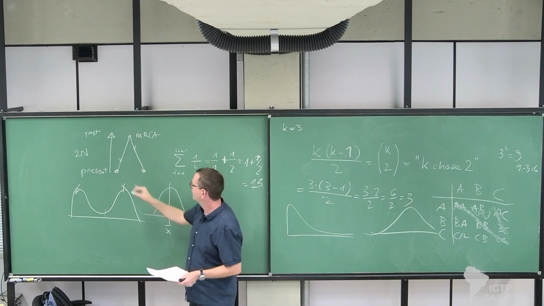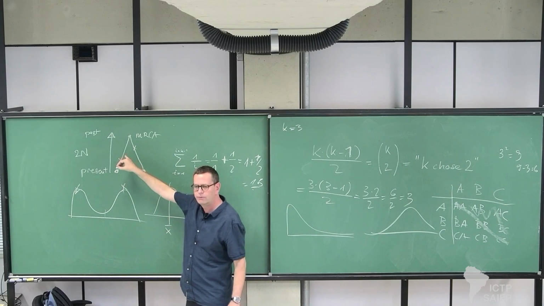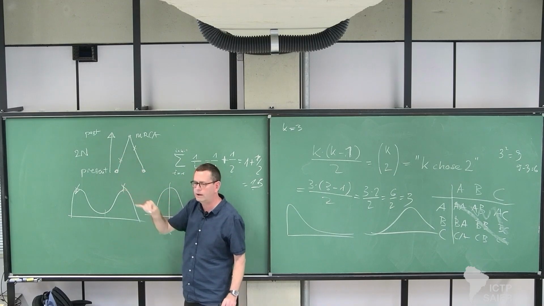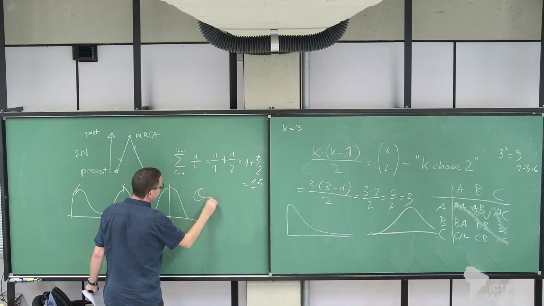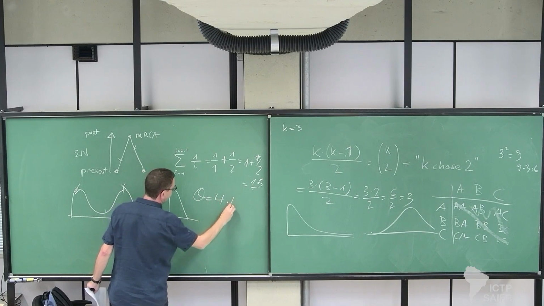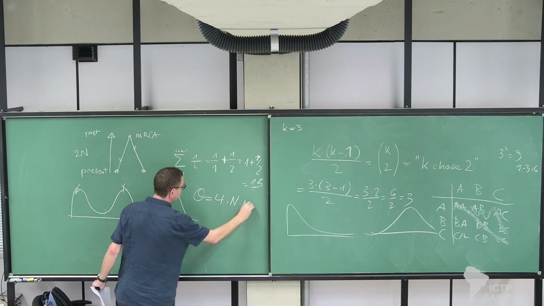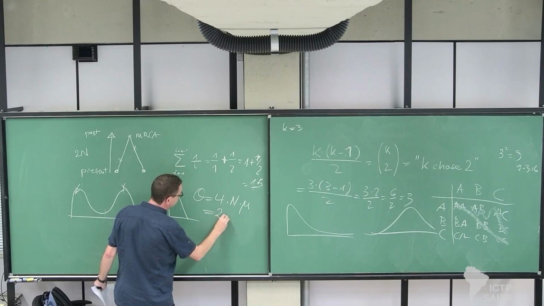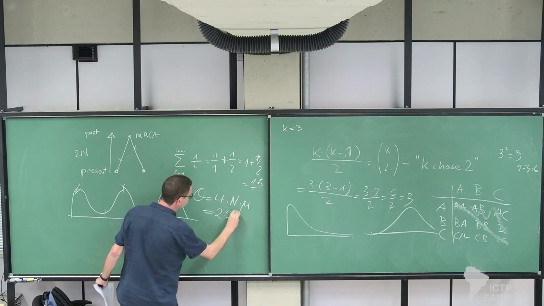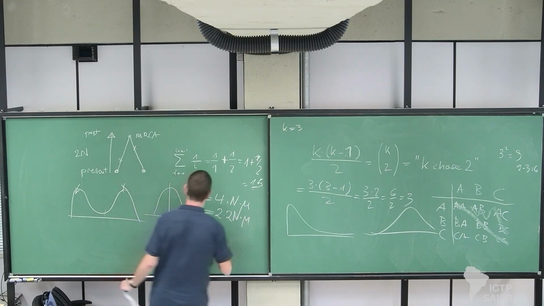And so, in a way, this is a good picture to figure out, qualitatively speaking, where the 4n mu comes from. Because zeta is 4n mu. And a different way of writing this is simply 2 times 2n times mu.